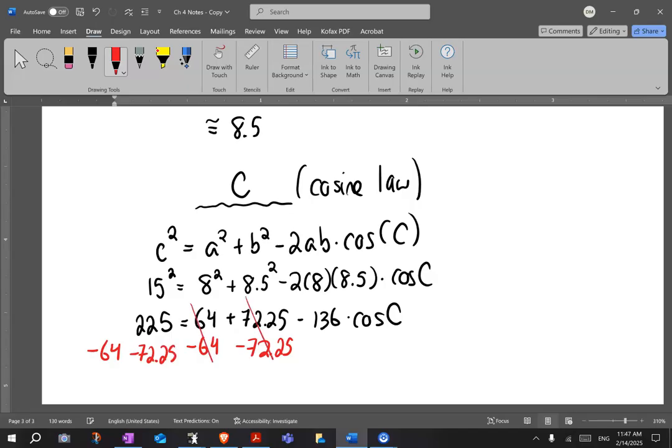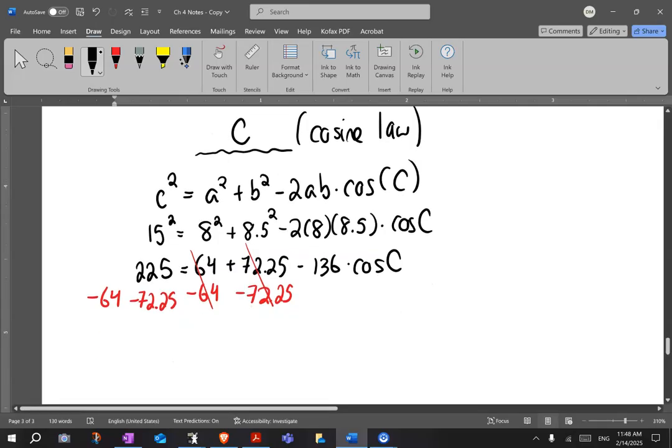So that's gone and that's gone. I just got to figure out what 225 minus the 64 and minus the 72.25 is. So I'm going to get 88.75 equals negative 136 times cos of c.